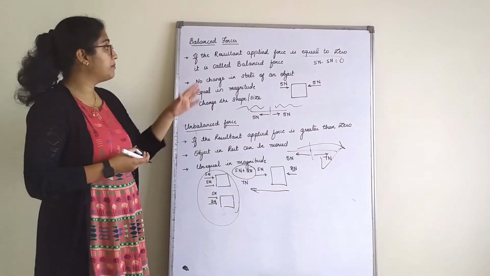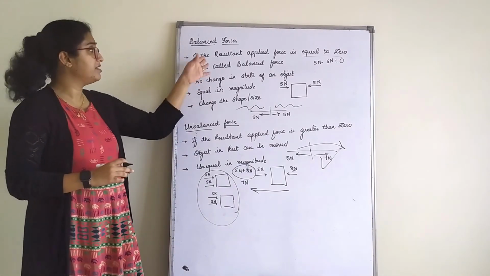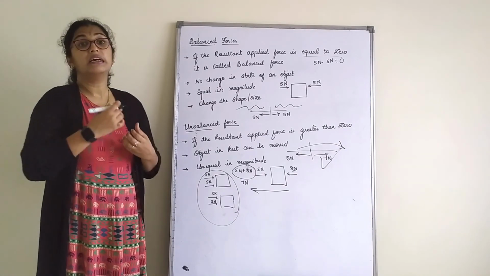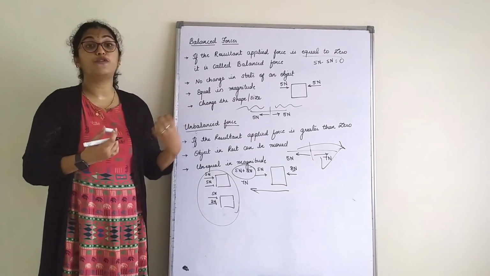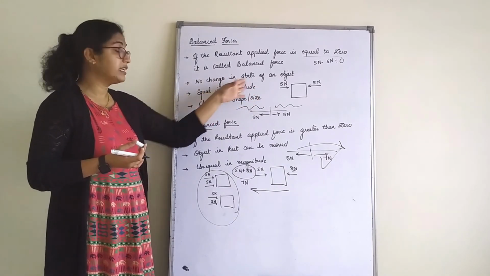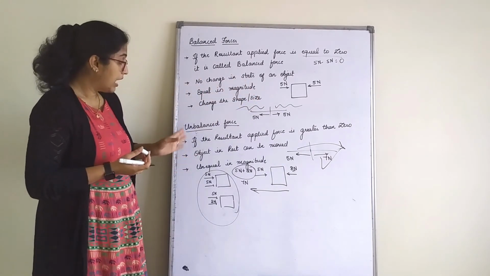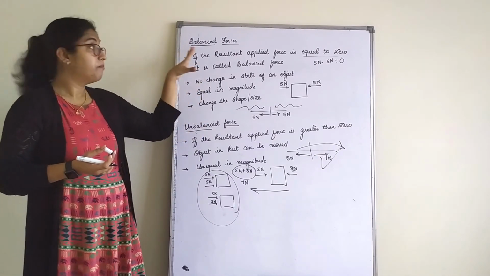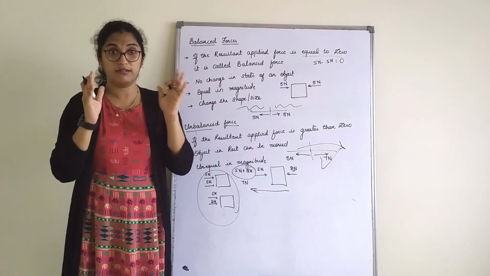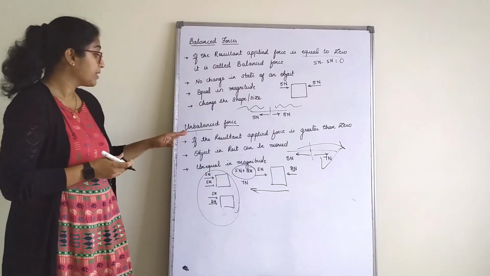So one thing you remember, the definition of a balanced force: resultant applied force is equal to 0. That is, in balanced force, the forces are subtracted. No change in state of object, equal in magnitude. And one more thing, balanced force is always applied from the opposite direction, right? That you have to remember.